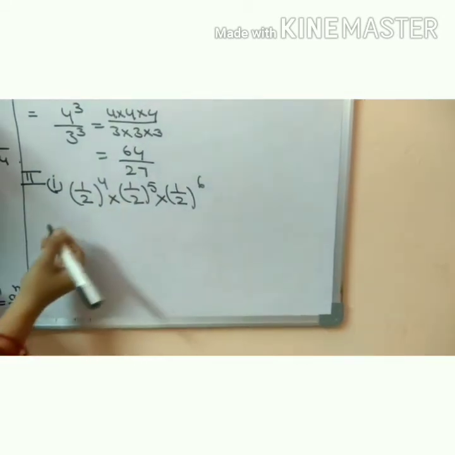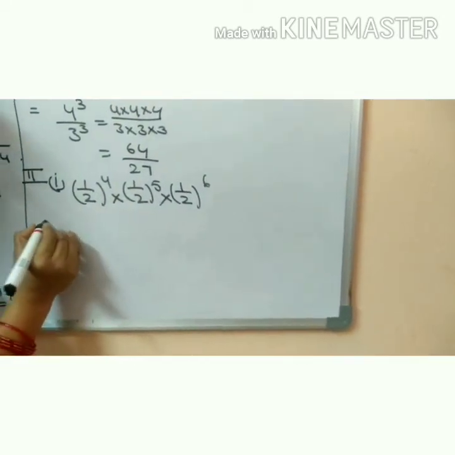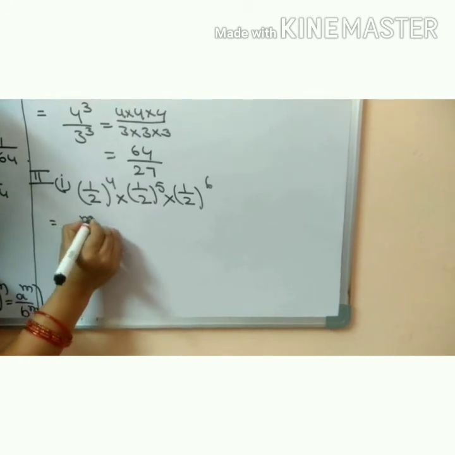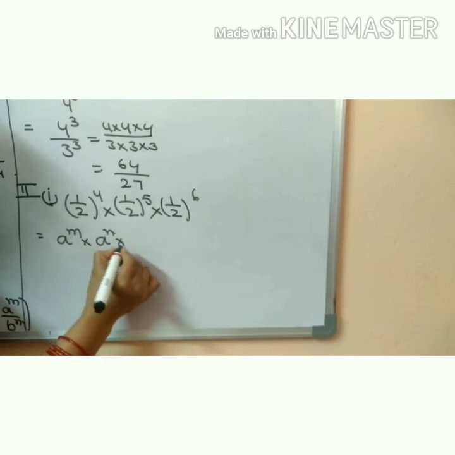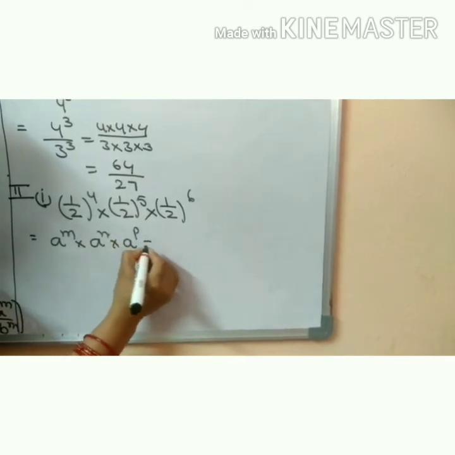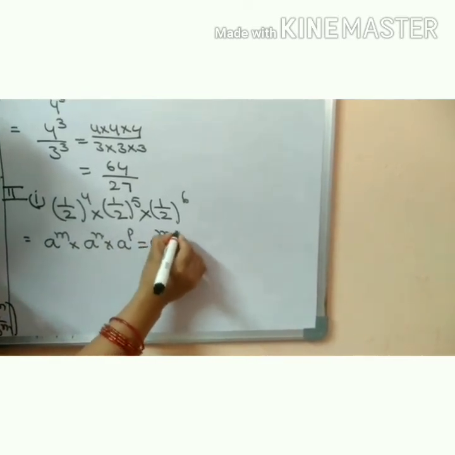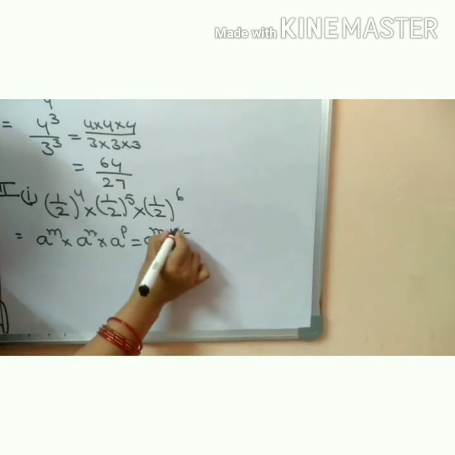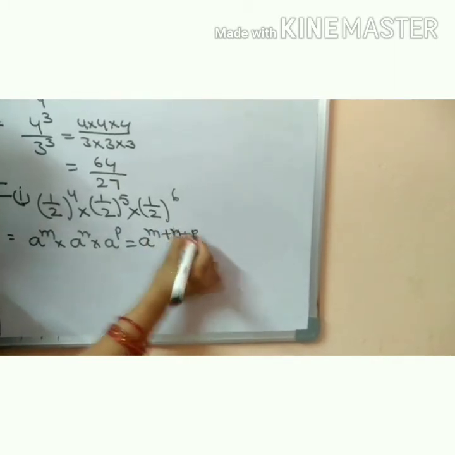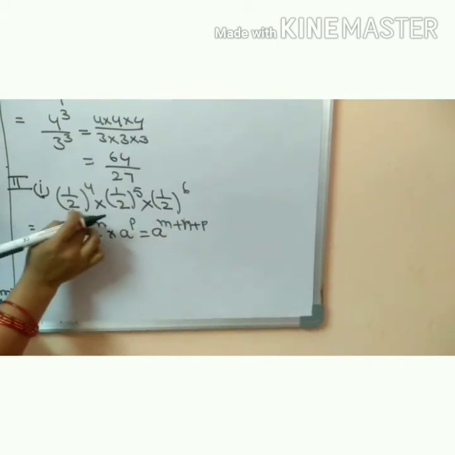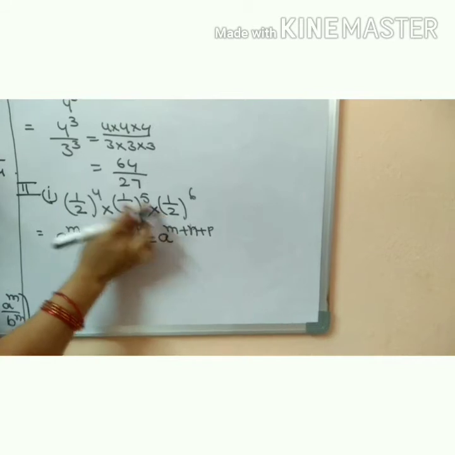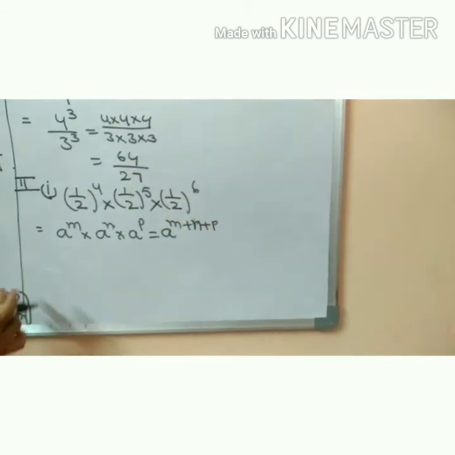Here it is compared with a power m into a power n into a power p equal to a power m plus n plus p. Because the bases are the same, the exponents are added.